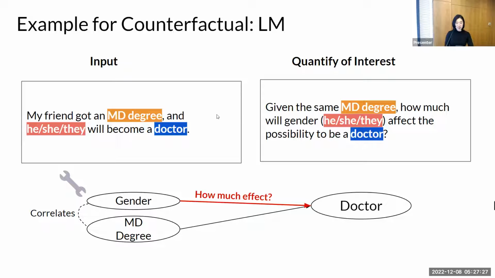So the quantity of interest fits in the form of counterfactual in that given the same MD degree or all other conditions, how much will gender affect the possibility to be a doctor predicted by the model? As in the graph, we might see maybe gender correlates with MD with some unknown causation. And then the thing we're interested in is how much gender affects the occupation doctor. And we try to solve it by counterfactual, at least at this unit level. So these are the NLP examples, and I'll give it back to Kun.